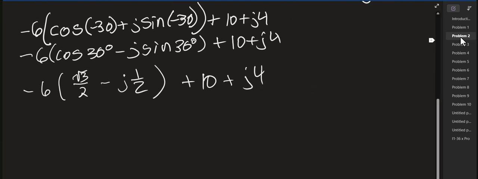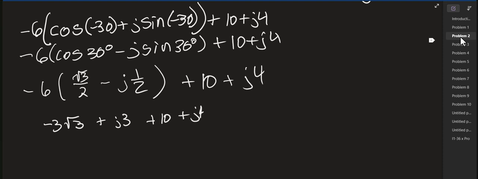You have a calculator, and you can calculate this out and get -3 square root 3 plus j3 plus 10 plus j4, which becomes 4.804 plus j7. That's just finding the square roots and getting the numbers from the calculator.